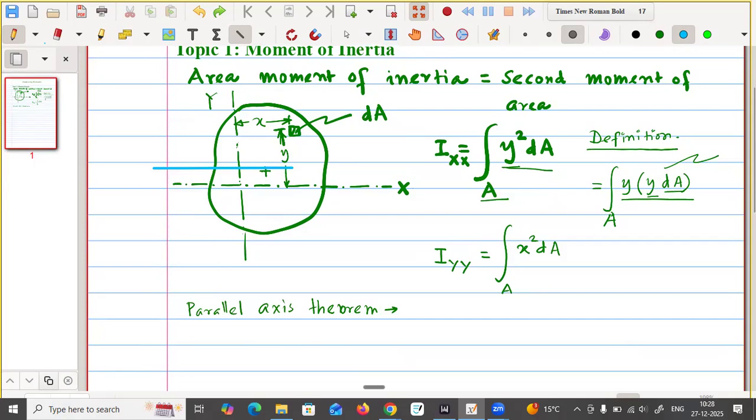Say this is the centroidal axis. This cyan color, light blue color line, that is the axis passing through the centroid. So this is the centroid. This one is the centroid. I guess you can see this one.